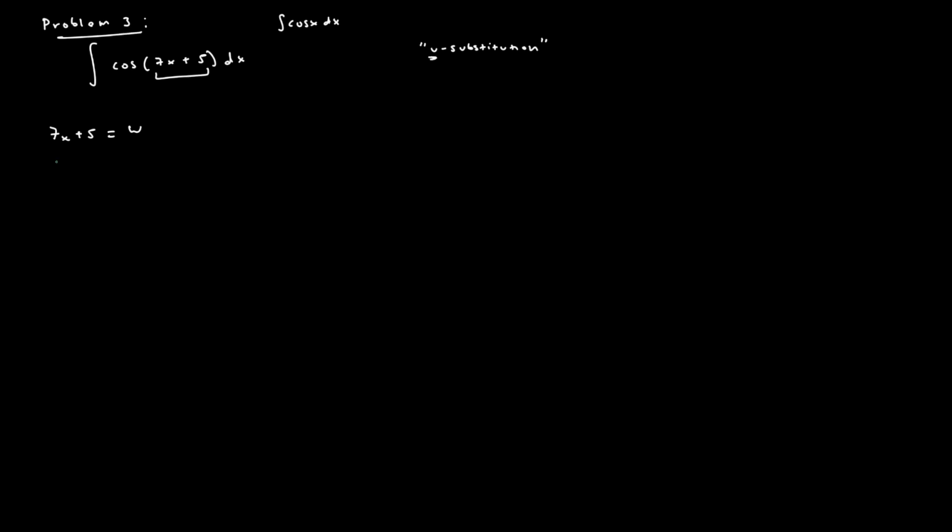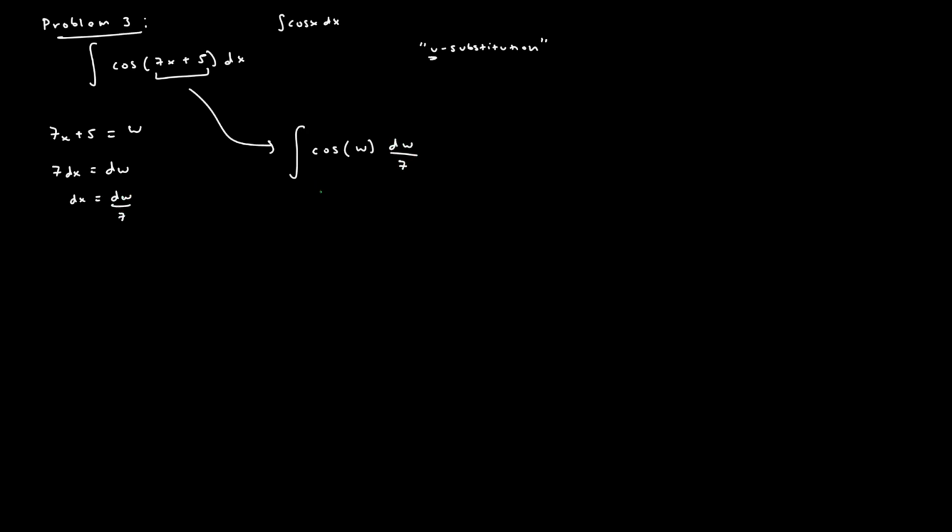But this is equal to 7 dx is equal to dw. So we found the relationship between dw and dx. The next thing we do is simply perform the substitution. So now this becomes the integral of cosine w, and dx is simply dw over 7. So we substitute in that value for dx.